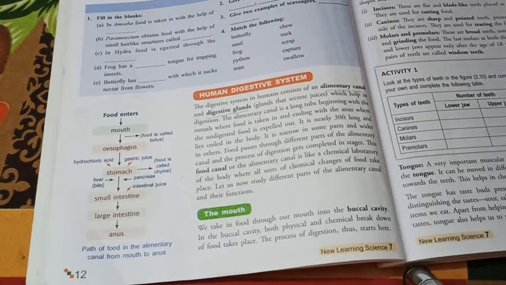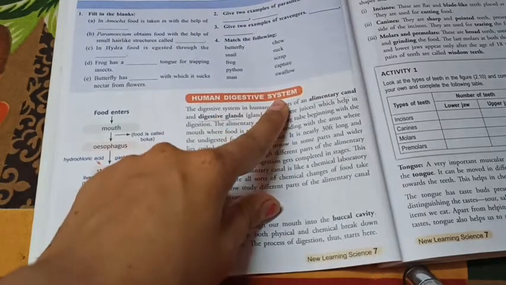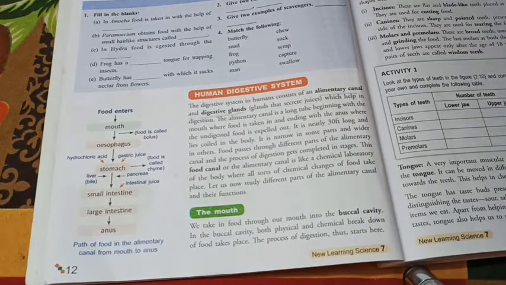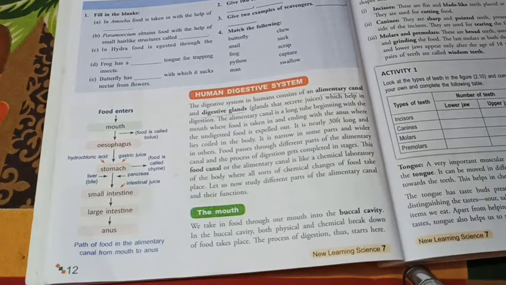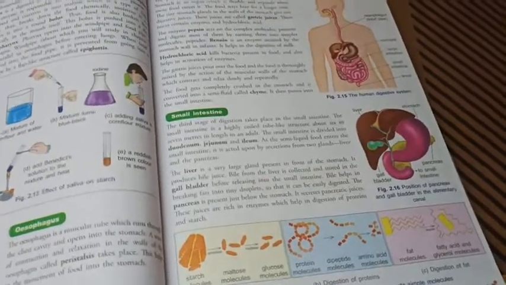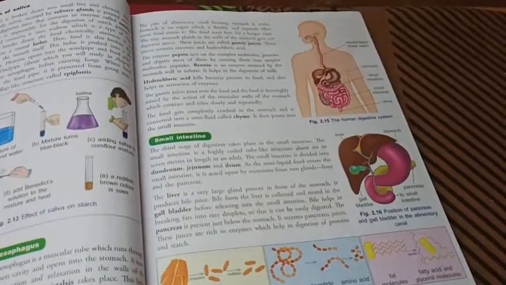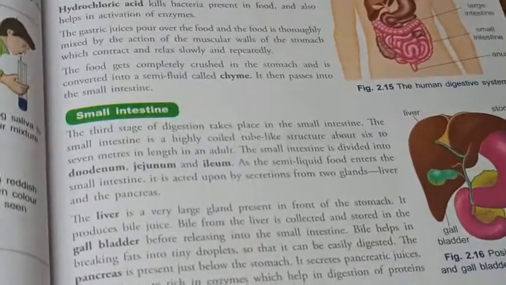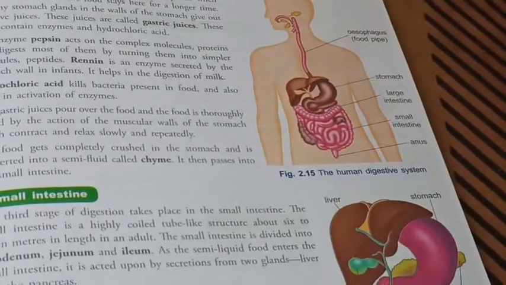Now children, the next topic which we are going to study is the human digestive system. How we eat, how we digest our food. We will study about this. See, this is the diagram of the human digestive system. These are the parts which play a major role in the human digestive system.